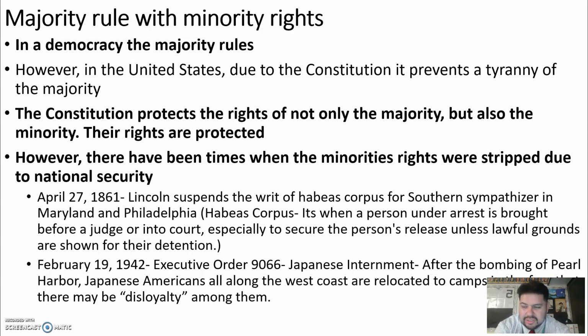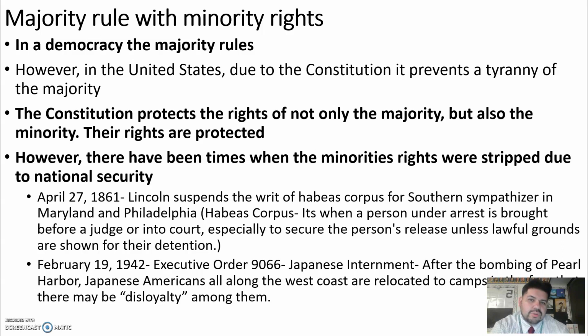The 51% would get better living conditions, better jobs, things like that, whereas the 49% would be hurting for a while. In this country, under the Constitution, you are guaranteed rights that would prevent a tyranny of the majority. So the majority cannot take over and say, everything's going to go our way.